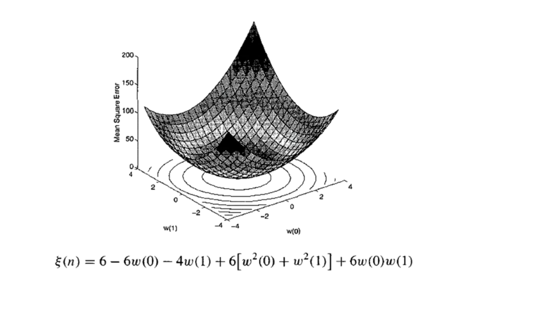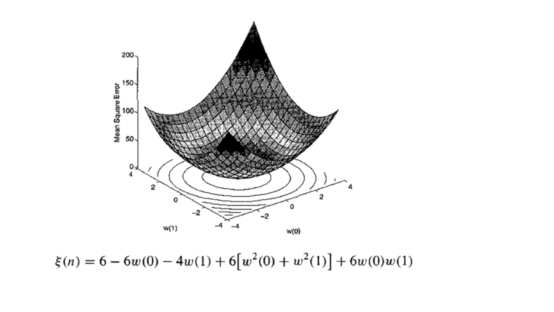So zeta of n is equal to 6 minus 6 times w of 0 minus 4 times w of 1, plus 6 times the sum of squares of w of 0 and w of 1, finally plus 6 times the product of w of 0 with w of 1.